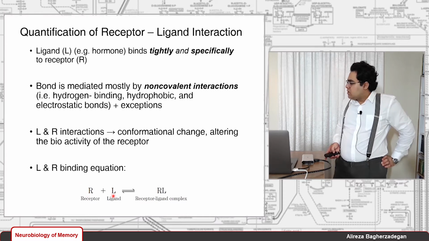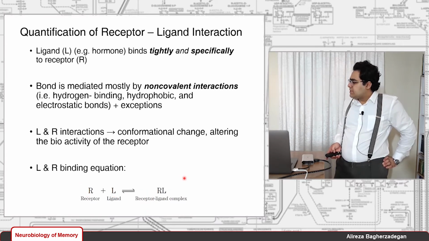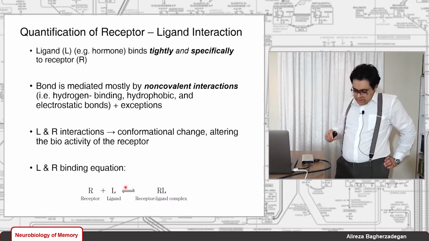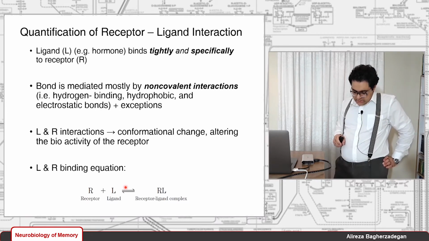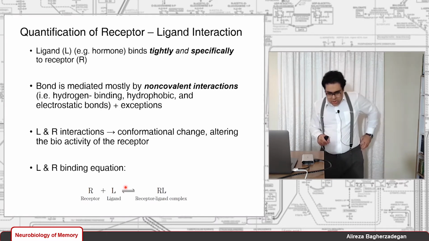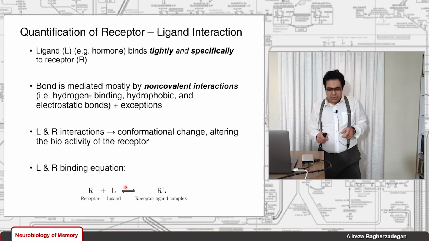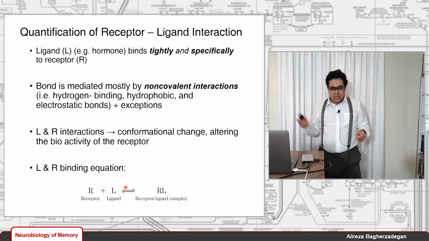There's a very simple equation for receptor and ligand binding. We have R plus L gives us RL, which is the receptor-ligand complex. This two-headed arrow represents, in chemistry, a chemical reaction which can happen in both directions.